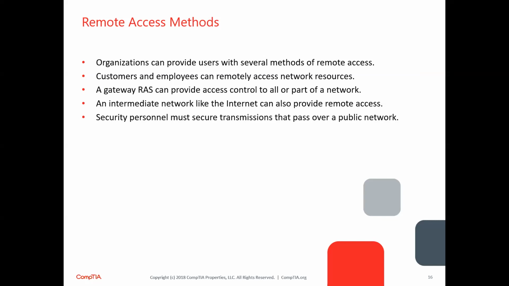The gateway of the remote access server can provide access control to all or part of the network. You can also have an intermediate network like the internet that provides remote access, for example through the implementation of a VPN, or virtual private network. Security personnel must secure transmissions that pass over a public network.